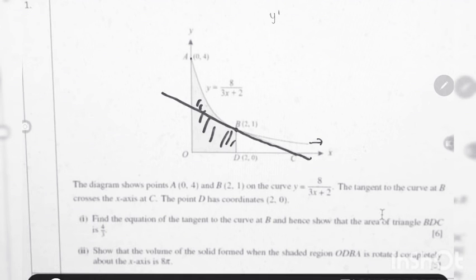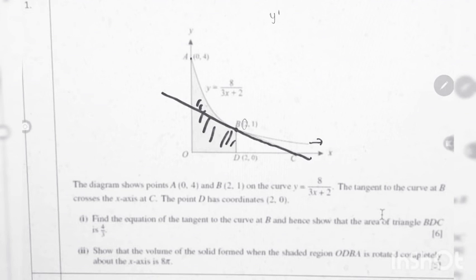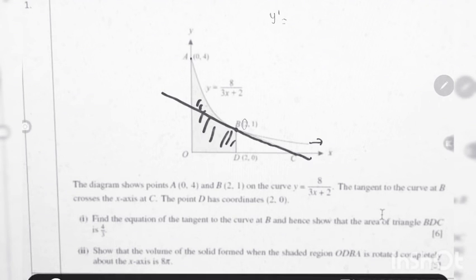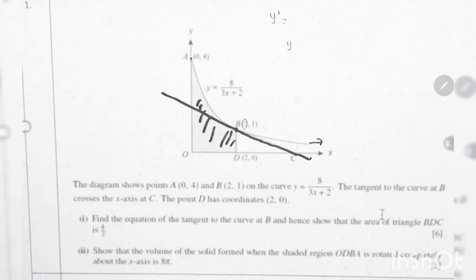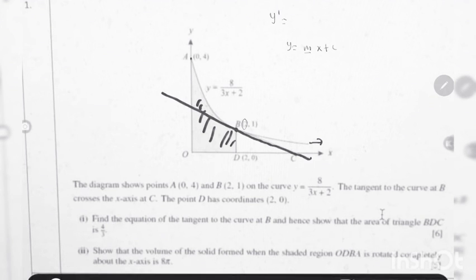Then the tangent is at B (2, 1), so we substitute the value of 2 in this dy dx, the first derivative, and then you get the gradient. Why do we need the gradient? Because in a line equation we have y equals mx plus c, where m represents the gradient.